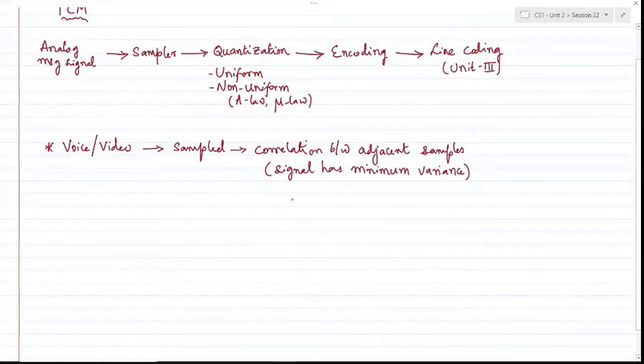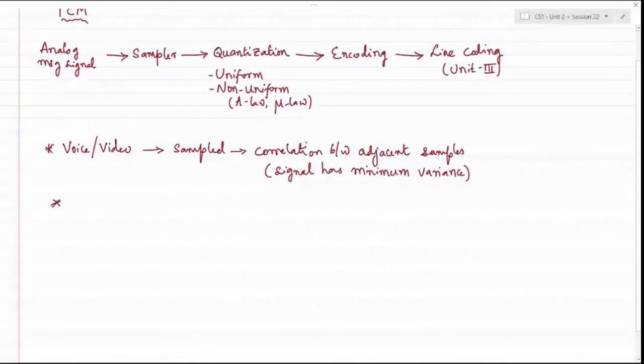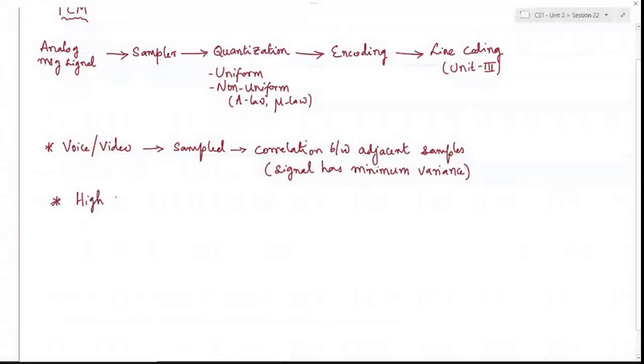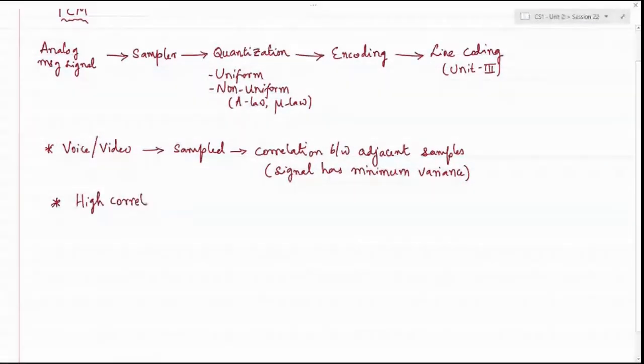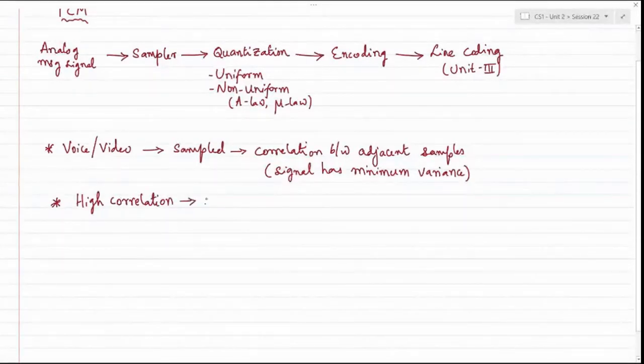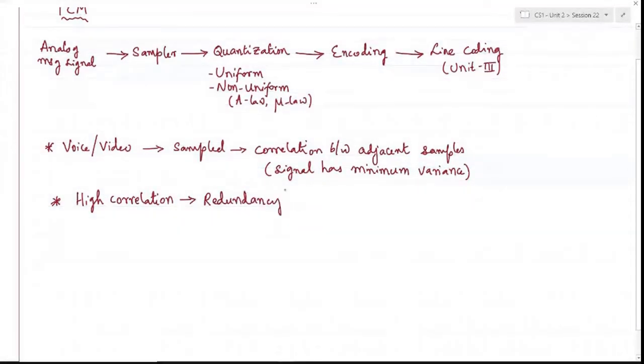So when these highly correlated samples are encoded after quantization, the resulting encoded signal contains certain redundant information. Due to this high correlation between adjacent samples, we can say that there is some redundancy involved in the information.